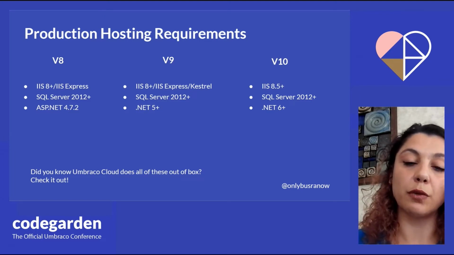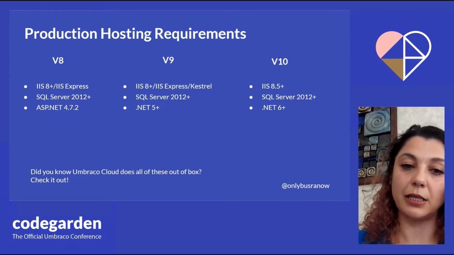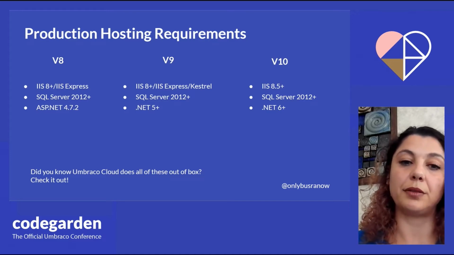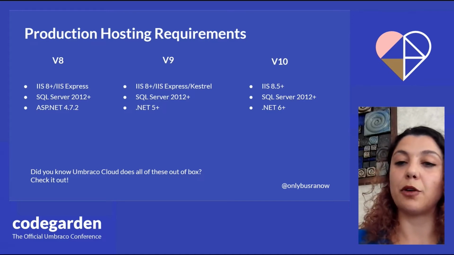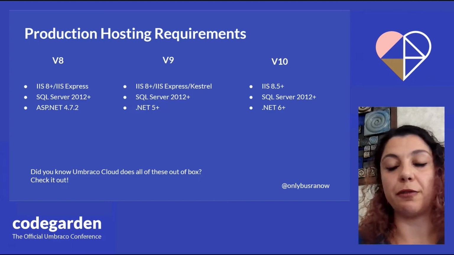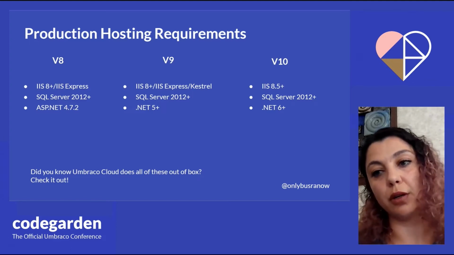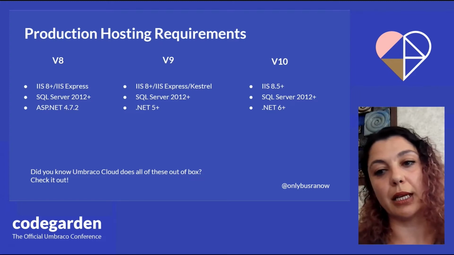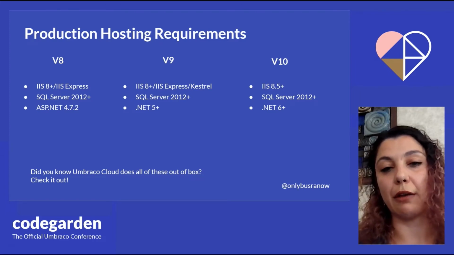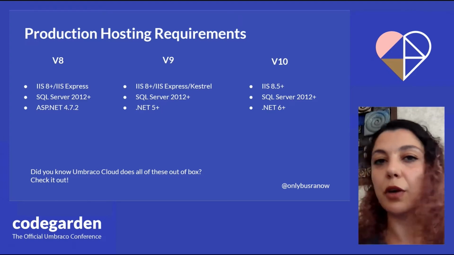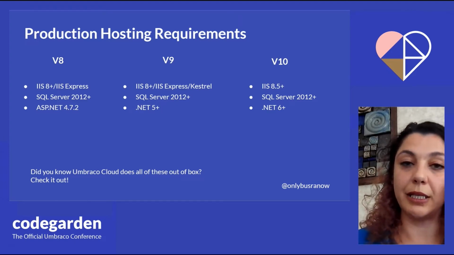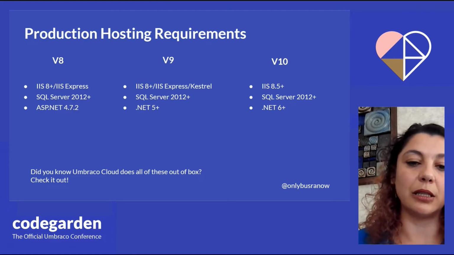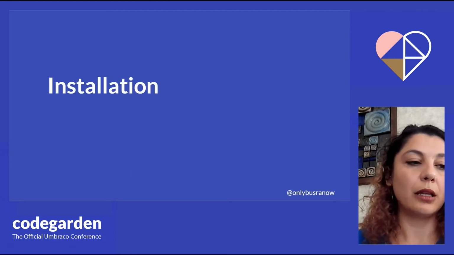You need SQL Server 2012 and plus, and you need the .NET 5 SDK again. With version 10, you need IIS 8.5 and plus, SQL Server 2012 and plus, and .NET 6 plus. And if you haven't heard of Umbraco Cloud, I'm sure that's not possible, but please go and check it because it does everything out of the box. Let's check some installation.